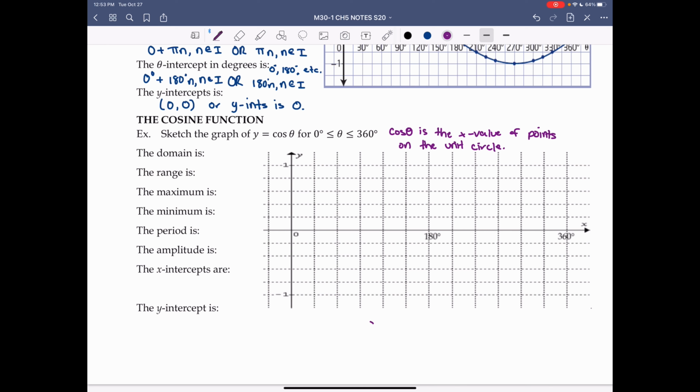Let's draw a unit circle. Let's find the value of y equals cos theta at different angles.